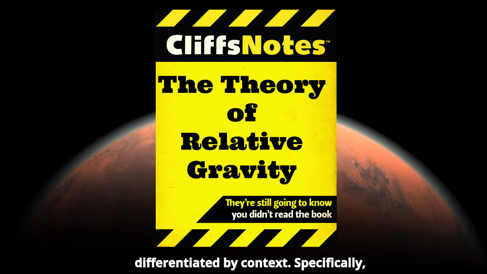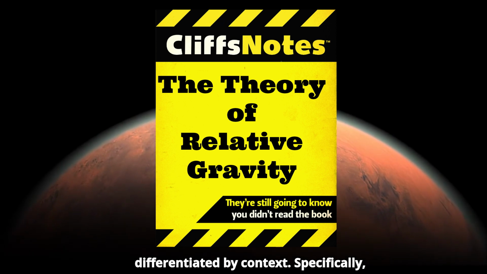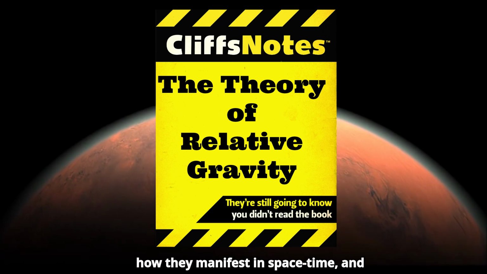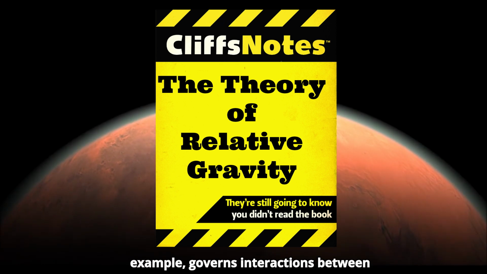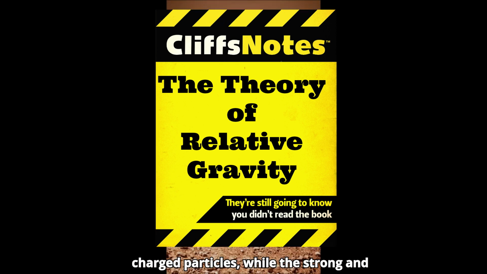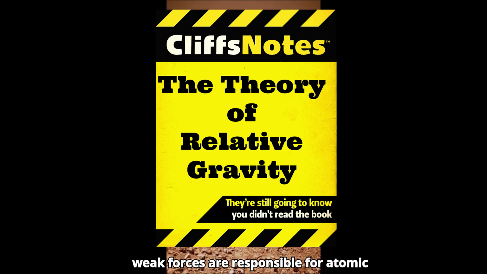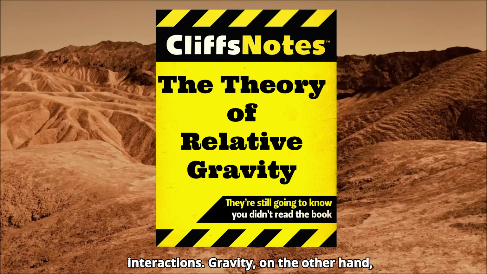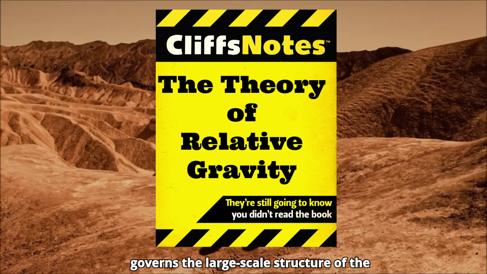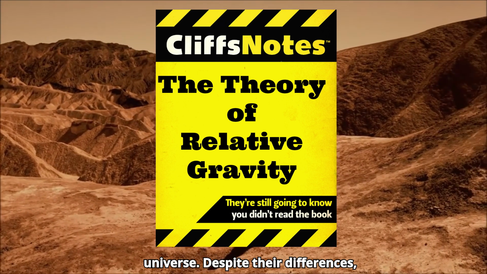The forces are differentiated by context, specifically how they manifest in space, time, and matter. The electromagnetic force, for example, governs interactions between charged particles, while the strong and weak forces are responsible for atomic nuclei and fundamental particle interactions. Gravity, on the other hand, governs the large-scale structure of the universe.